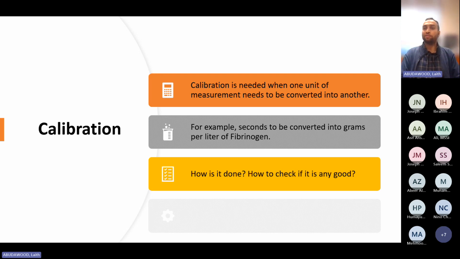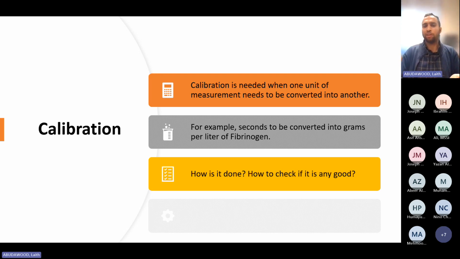I want to know how much concentration of factor 2 is in my sample. If I don't have a way to tell the analyzer, if you see this much clotting time, then you have this much factor 2, the analyzer doesn't know. It's just a computer. It just converts numbers. So you need to tell the analyzer, if you see this much clotting time, you should know you have this much factor 2. Okay? And simply this is what the calibrator does.